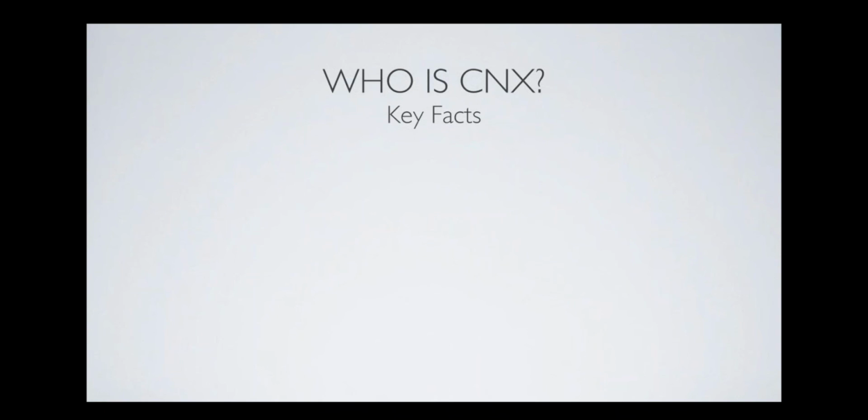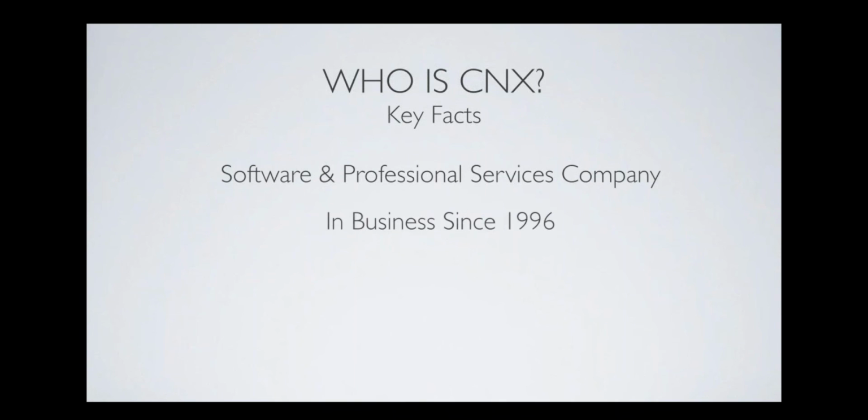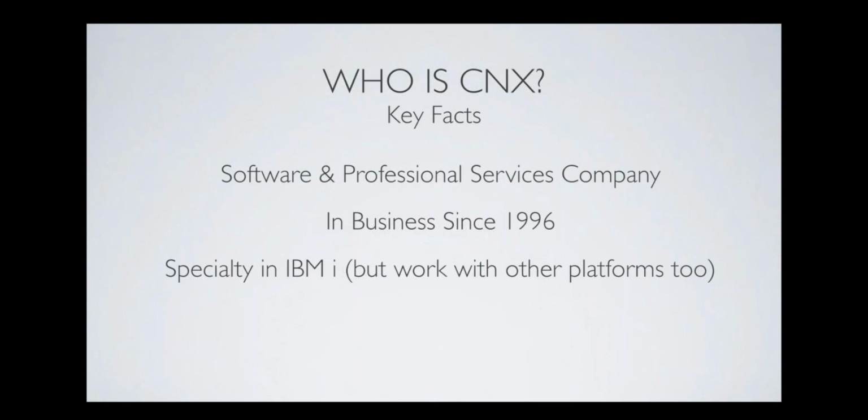I'm going to go through this very, very quickly because I know we all want to get to the actual demonstration, but just some information about CNX key facts. Obviously, we're a software and professional services company. We have been in business since 1996, which is a very long time for an IT company. We have a specialty in IBM, of course, but we do work on other platforms as well.